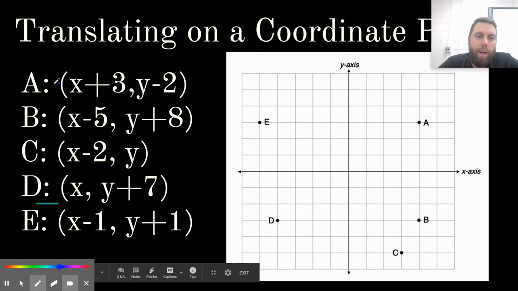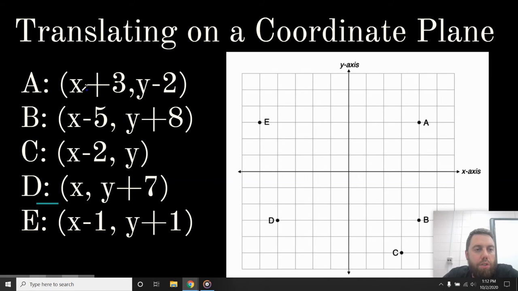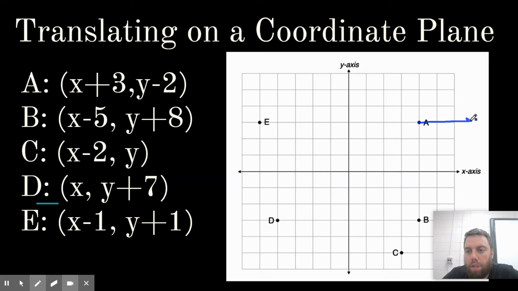Okay, now we're asked to translate some of these points based on our instructions here. Okay, so point A we see right here, we have x plus 3. Well, plus 3 means we're going to move this A 3 in this direction, in the positive x direction. And then we have y minus 2, which is 2 down on the y. Gets us a little off the map, but there it is. Oh, sorry, we should label this A prime, the image. Okay.